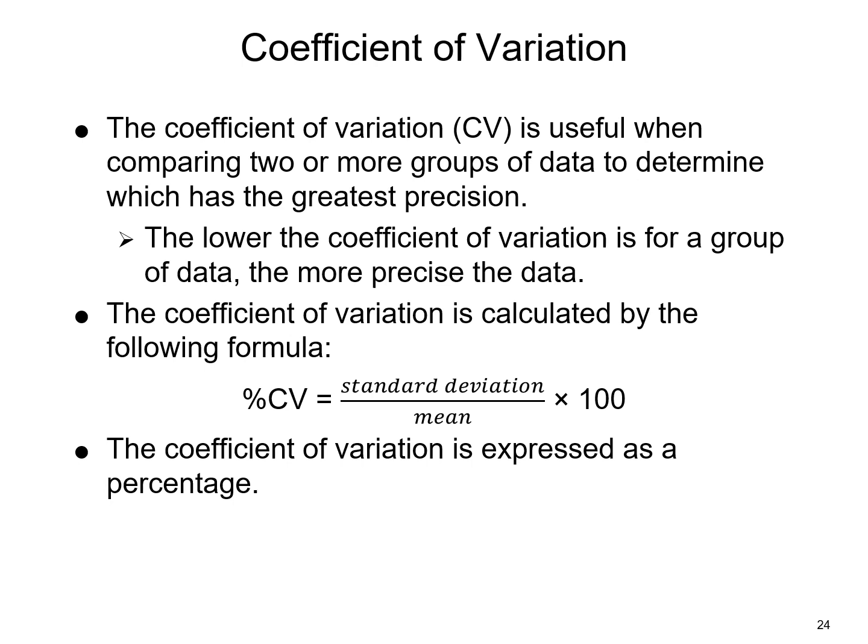So the lower that percentage, the lower that value, the more precise that particular data set is going to be for whatever you're evaluating, whether it's a test method or analyzer, or you're comparing any sort of data within the laboratory. And of course, it's always going to be expressed as a percentage.